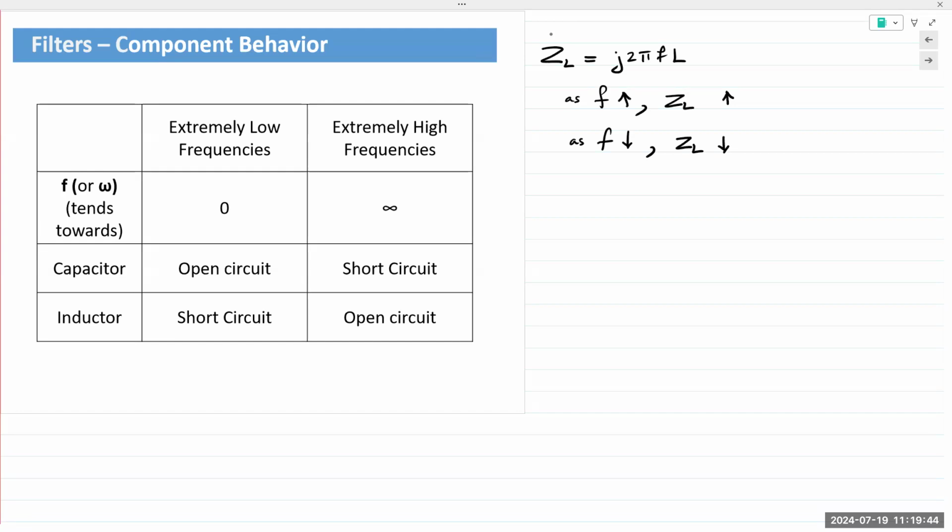Because think about it. Chapter 3, what did we learn? Inductors store energy in the magnetic field. Once the magnetic field is maximized, meaning it has stored all the energy it is capable of storing, it behaves like a short circuit wire, right? Inductor is just a short circuit wire.